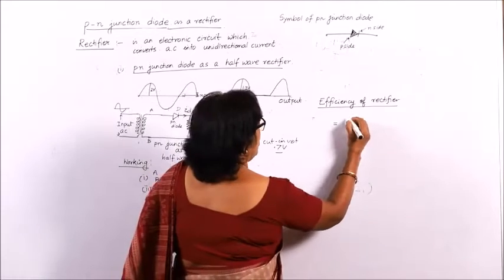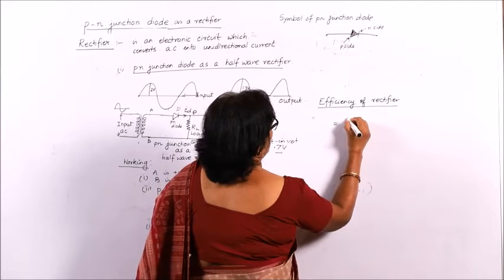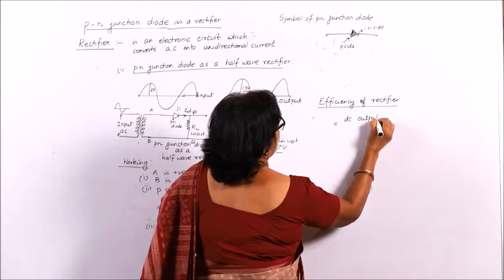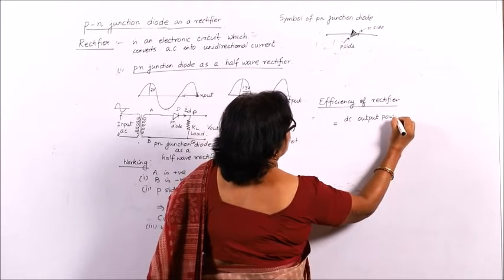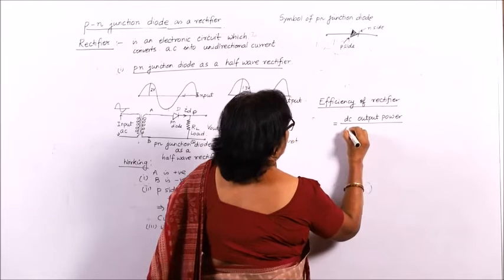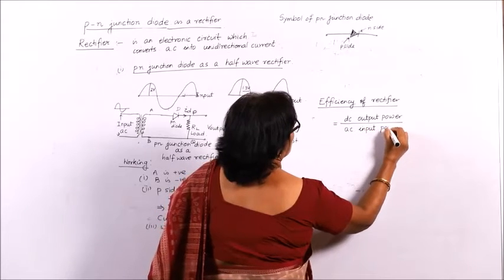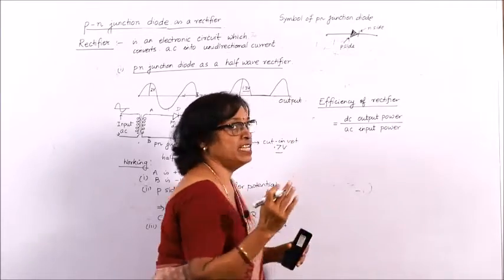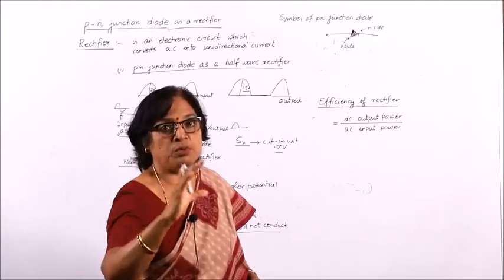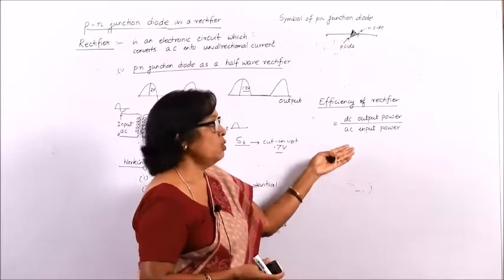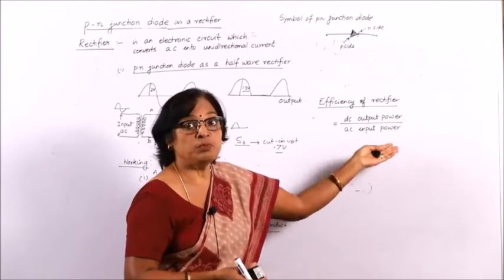So, it is the DC output power divided by the AC input power. The efficiency of any machine is output by input. Here we require the DC power output, whereas the input is AC input power.